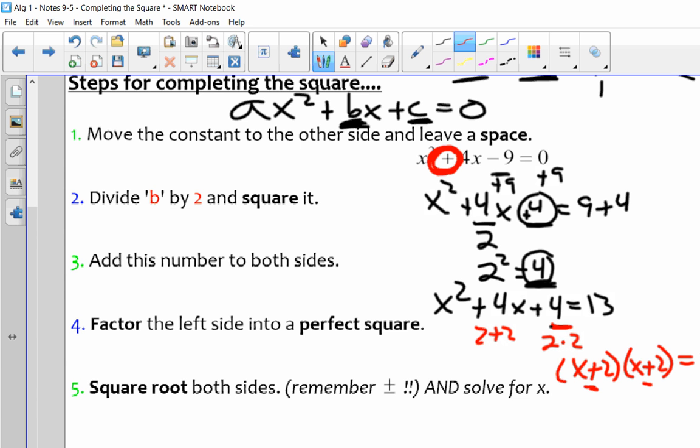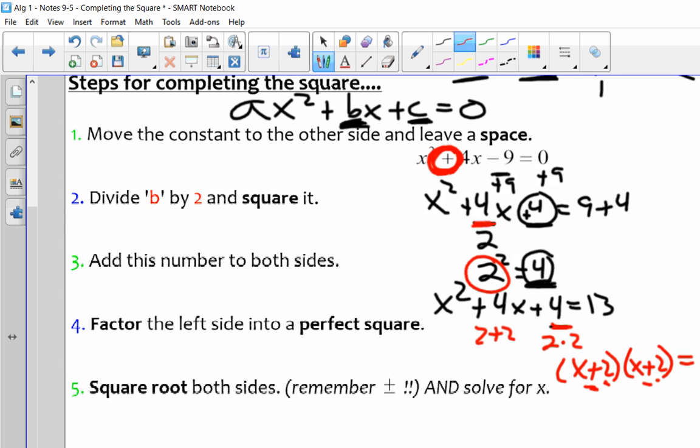The other one is when I divided the middle term by 2, whatever answer I get, in this case it was a 2, is going to be my factors right here, where those two numbers are going to be the same in both. So that's another way to check, hey, did I get this right?